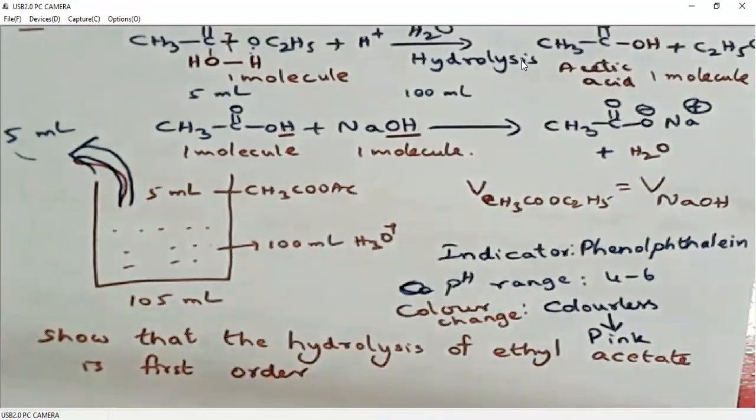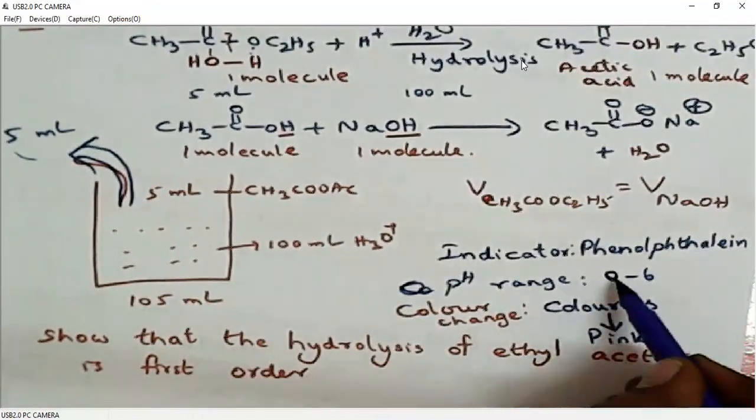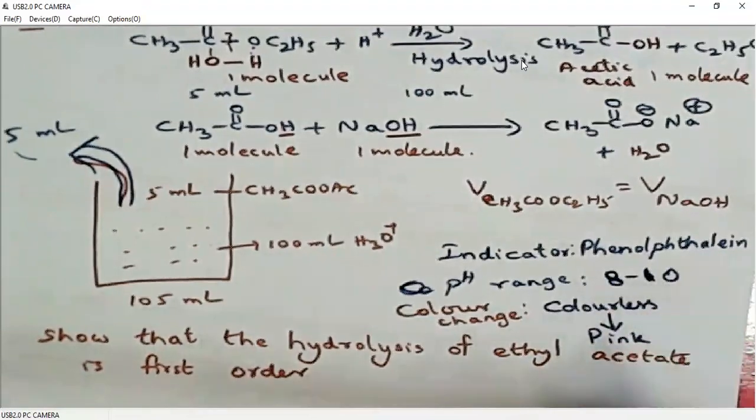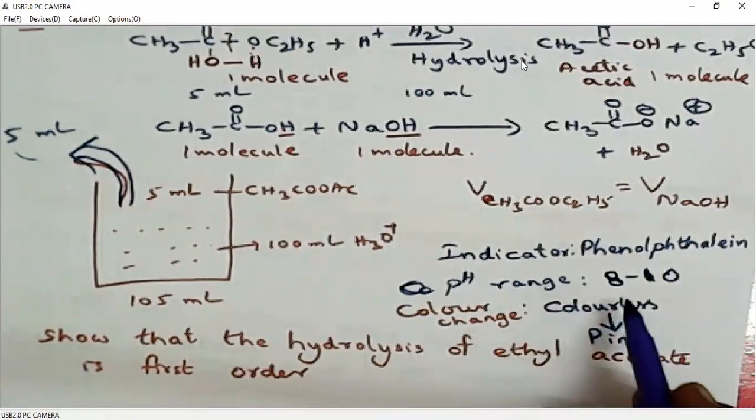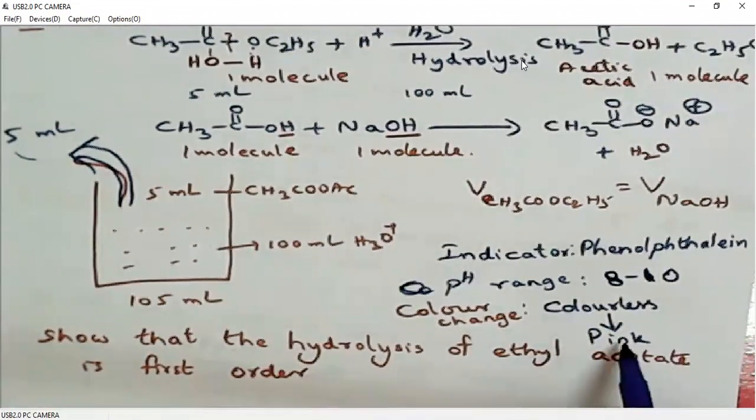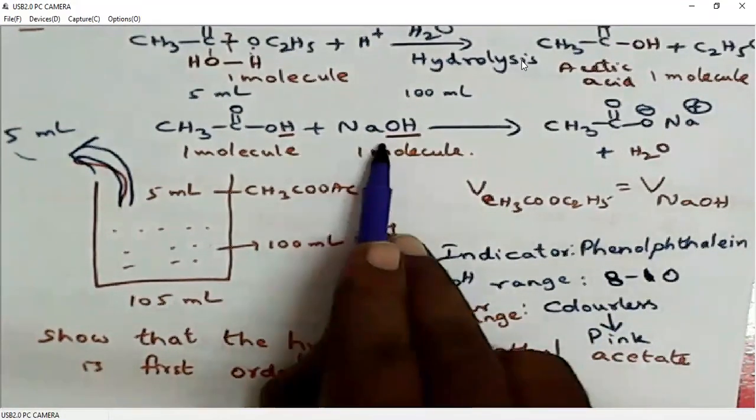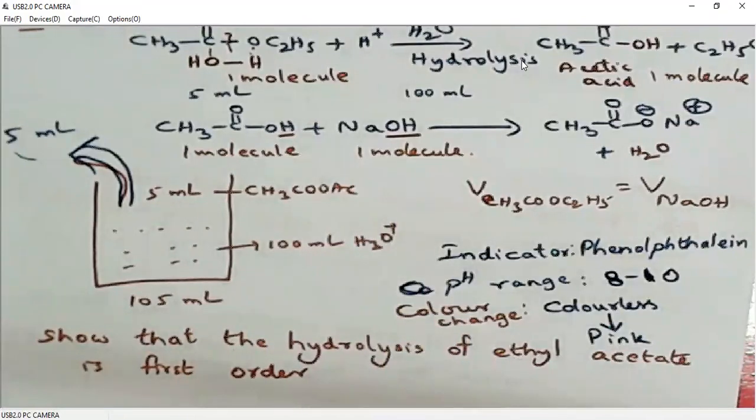Now there is a correction. The pH range is 8 to 10. So below 8, when phenolphthalein is there, it appears colorless. Above 8, it appears pink, because we are using sodium hydroxide, which is a strong base.